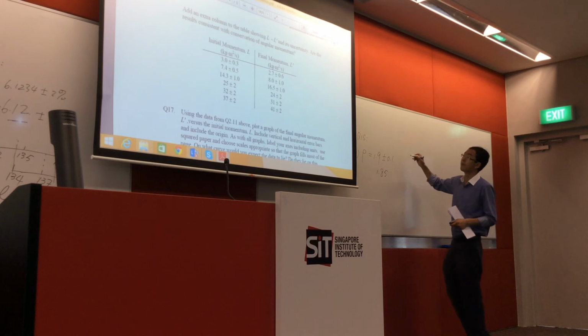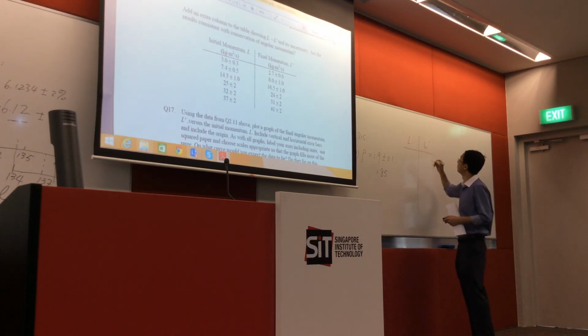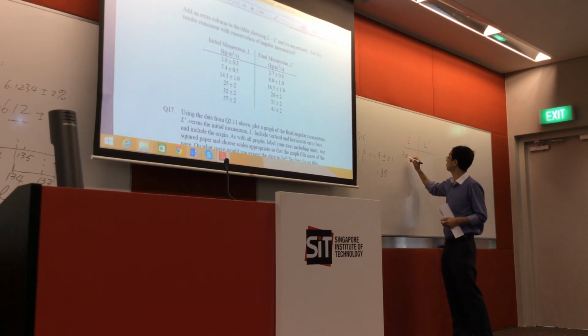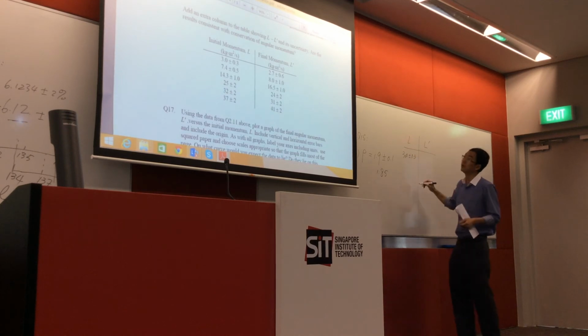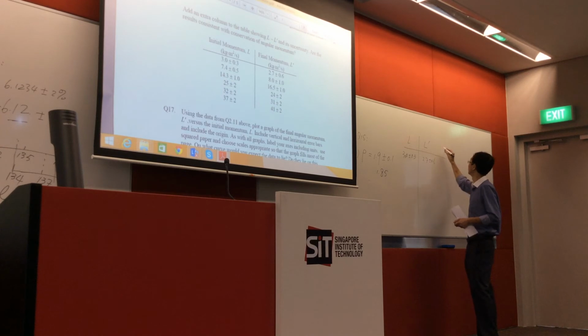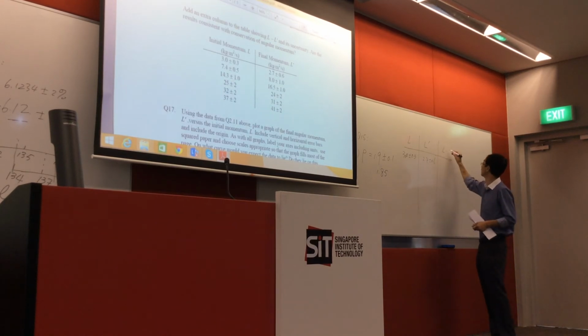Okay, so the first one you have 3.0 plus minus 0.3, 2.7 plus minus 0.6, right? So the last column will be L minus L prime.